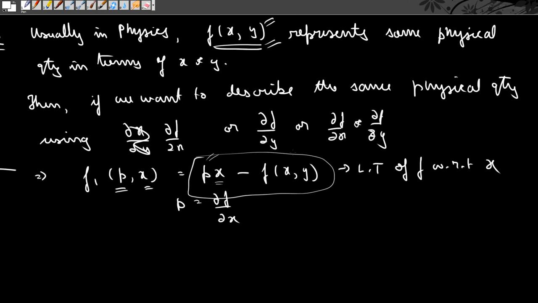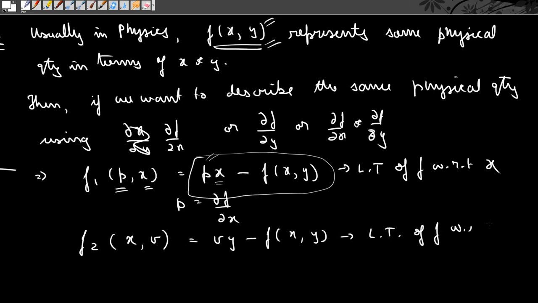Similarly, f2 depending on x and v, defined by vy minus f of x y, is nothing but the Legendre transform of f with respect to y, and this also will describe the same quantity but now using the variables x and v.